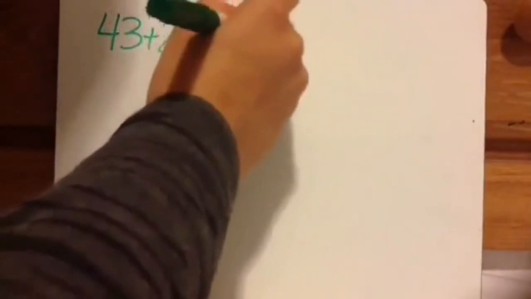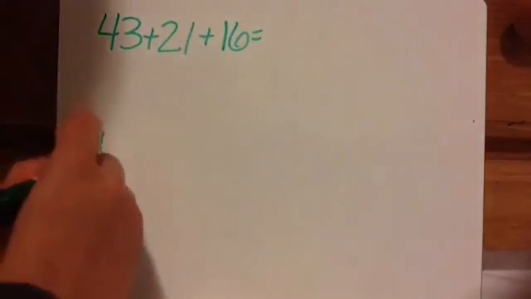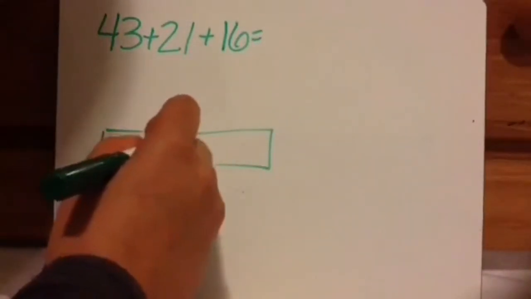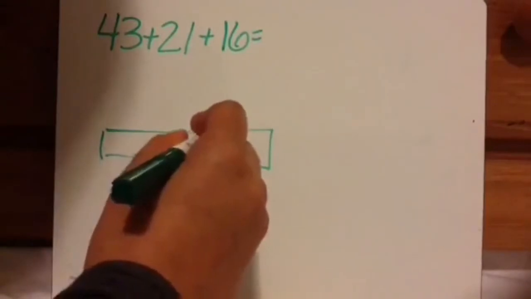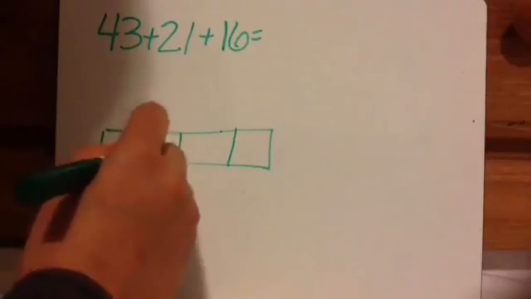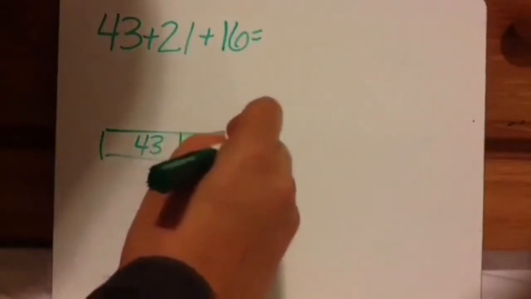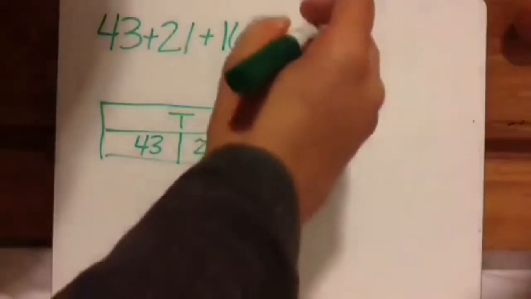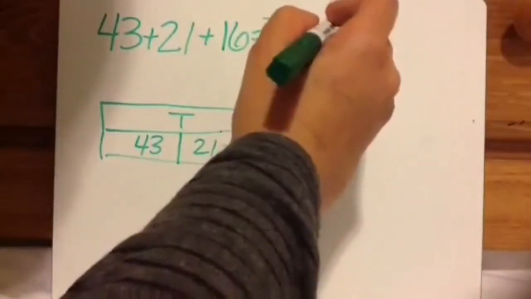So if I have 43 plus 21 plus 16, how do I represent that? Well, you have something in the 40s, something in the 20s, which is about half of that, and then 16. So 43, 21, 16. When you put them all together, you're going to get your total.